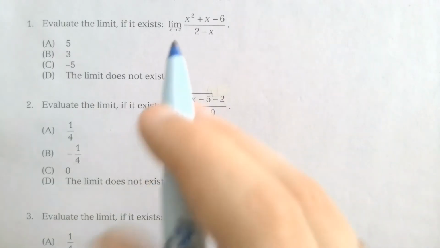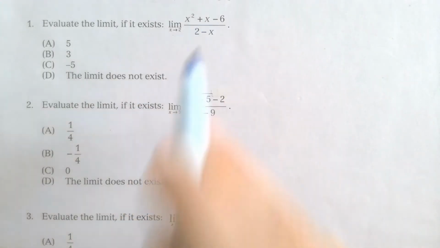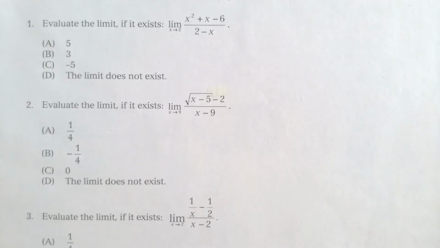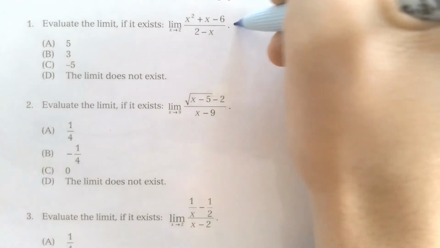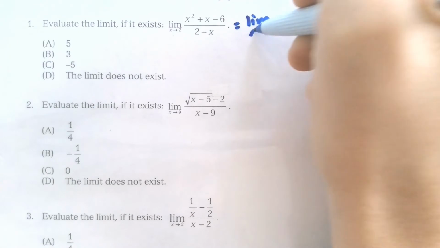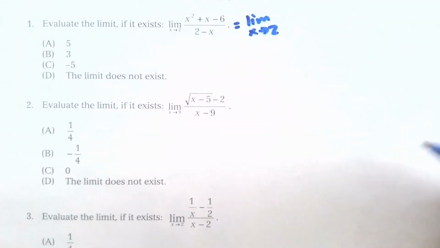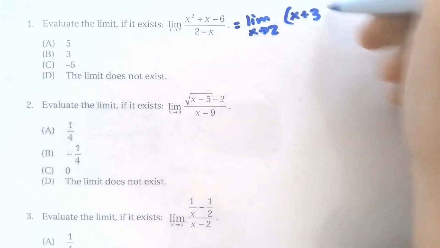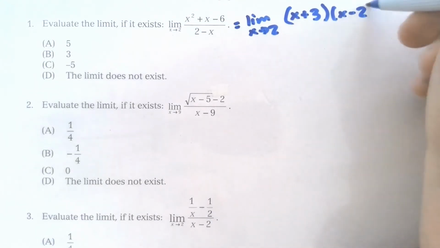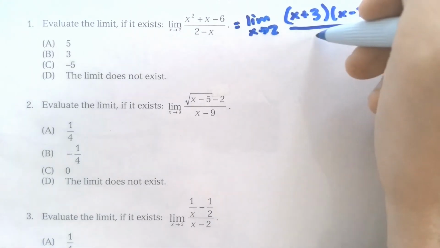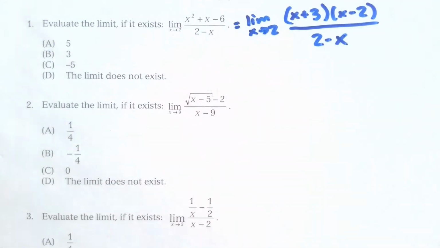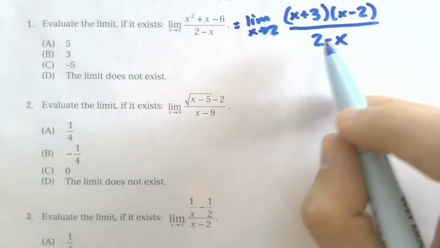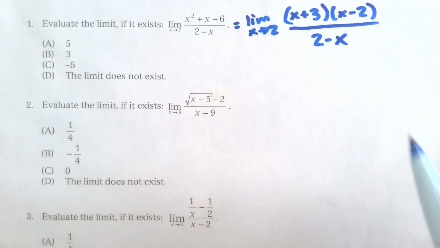So example 1, plugging in 2 first to see if that works out. We are going to get 0 over 0. So that tells me I should be able to simplify it in some way and cancel out a factor x minus 2. If I factor the top of this, I'm going to get x plus 3, x minus 2. Notice that this factor and the denominator are not exactly the same, but their signs are completely different.